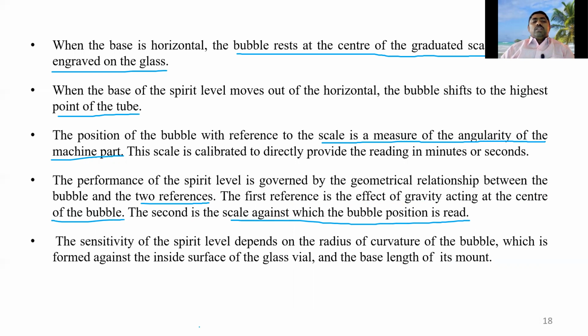Then we can define the sensitivity of the spirit level: it is the angle of tilt, in seconds, of the base that causes the bubble to move through one division.